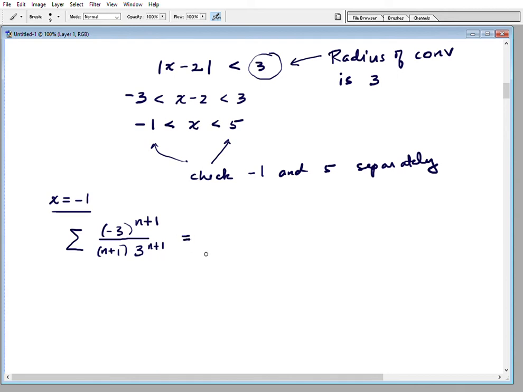Okay, so this reduces to (-1)^(n+1). So we end up with (-1)^(n+1) times 1 over n + 1. Okay, this is an alternating series.